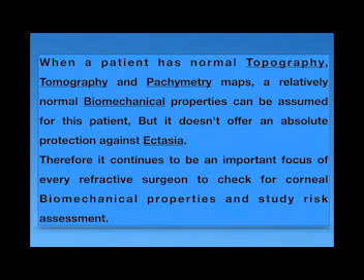So if you have abnormal corneal hysteresis in this patient, even with normal topography, normal tomography and normal pachymetry, you have to exclude or think again about this patient because one of the main tools is not available in this patient.